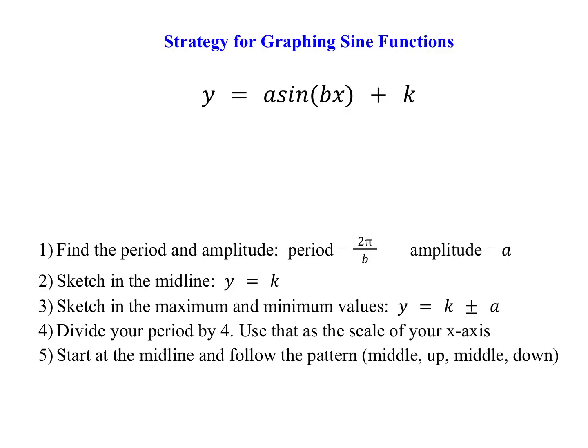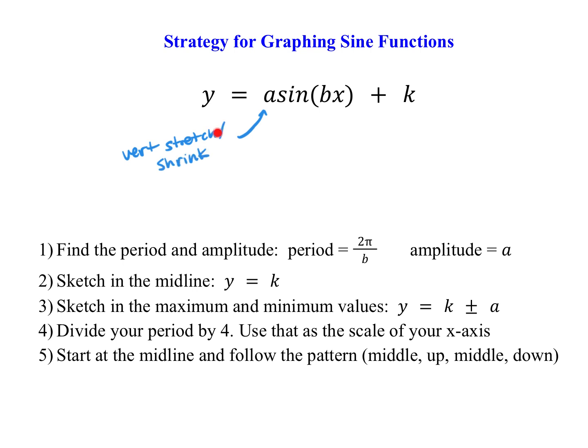So let's talk about our strategy for graphing sine functions. First of all, we're going to be seeing sine functions in this form. You might see an a value, a b value, or a k value. You may also see a negative out front. We know that an a value out front is a vertical stretch or shrink in terms of transformations.